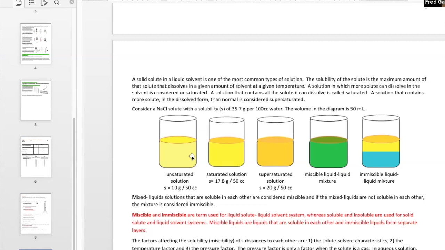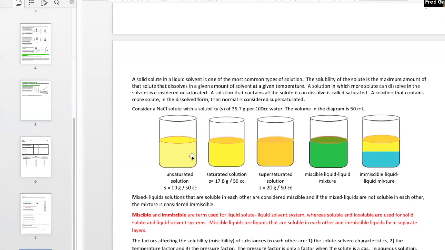If, however, instead of alcohol, we have, say, oil, olive oil or some sort of oil, and we put it in water, you guys know that it stays apart. That's because you will learn that oil is non-polar, water's polar, so they stay apart. Well, when two liquids do not mix, then we say it's immiscible.